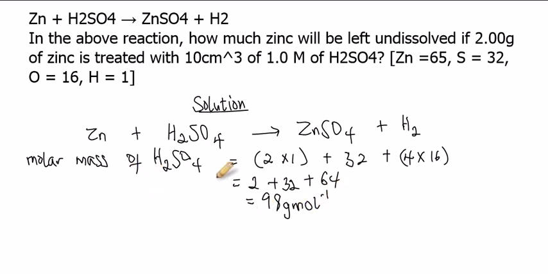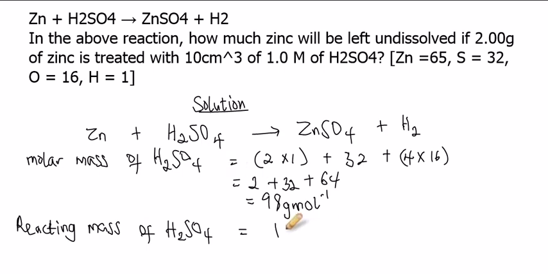So according to the equation above, the reacting mass of H2SO4 will be equal to number of moles. From here, the coefficient here is 1, so that is 1 mole multiplied by 98 grams per mole, and this gives 98 grams.